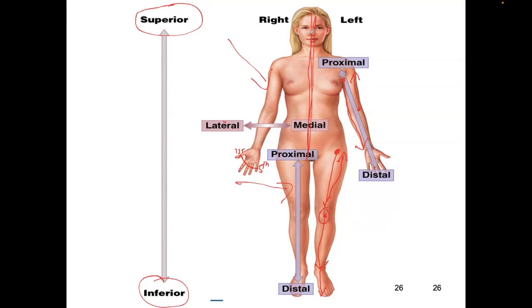If I want to move from the nose to the ears, I'm moving laterally. If we're moving from the umbilical to the flanks, I'm moving laterally. If I'm moving from the pelvic bone here and I'm moving to the pubic bone, I have to move medially, midline.